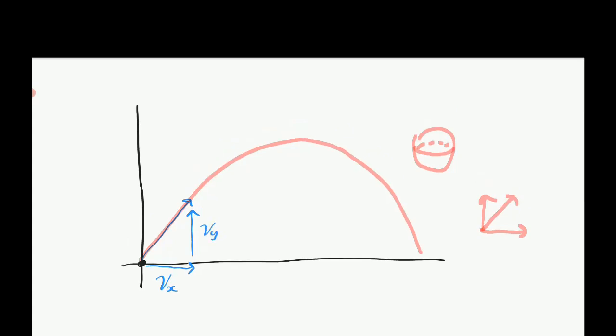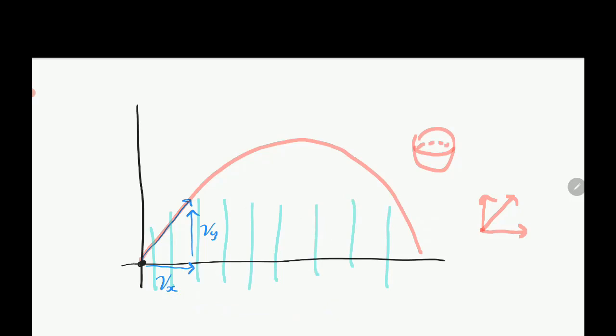So, for example, if you were a scientist studying this kind of situation, maybe you could put some sensors along this x-axis, and these would detect where this ball is with respect to this line over time.